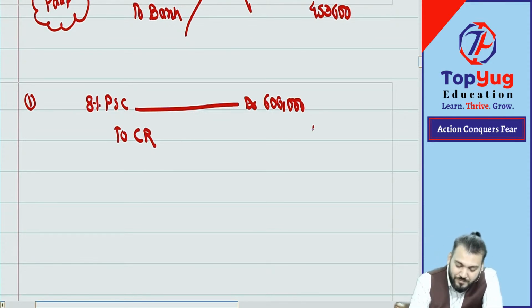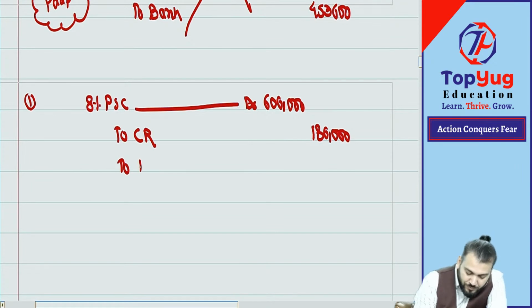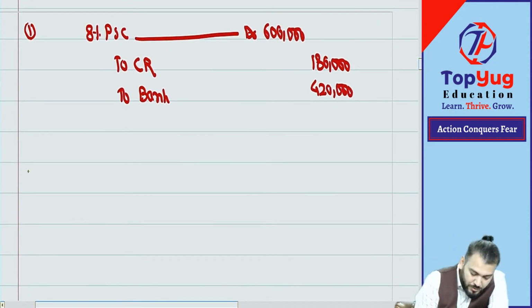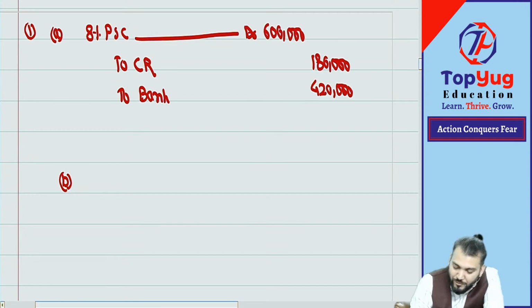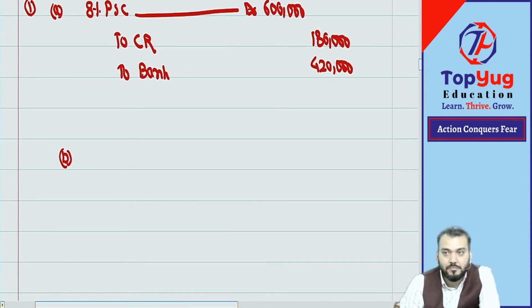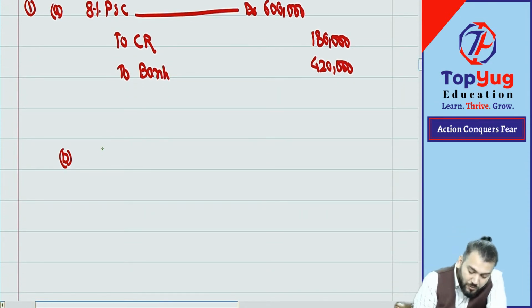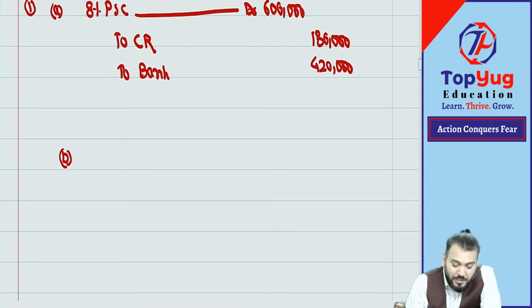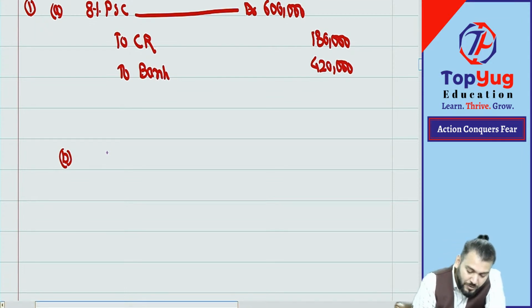How much is it? Like 30%? 1,80,000. To bank how much? 4,20,000. Then in this I am writing point number 1A, 1B, so that you can understand. Now the total amount of preference dividend is how much? 48,000.